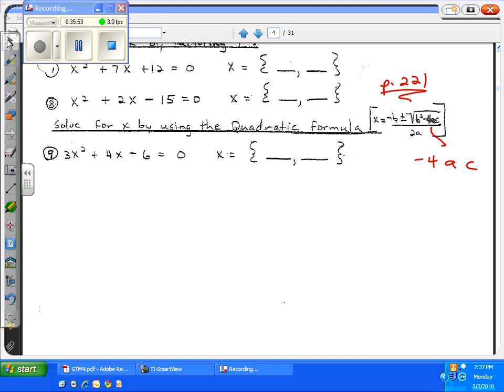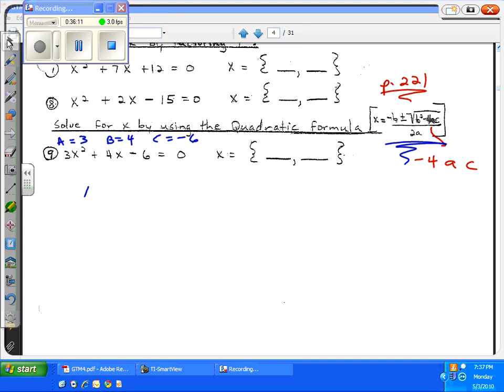Now, the A of the quadratic is 3, the B of the quadratic is 4, and the C of the quadratic is negative 6. We can solve a quadratic by plugging the A, B, and C into that quadratic formula.